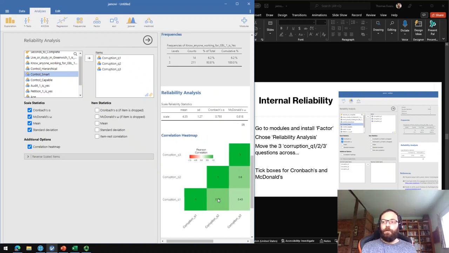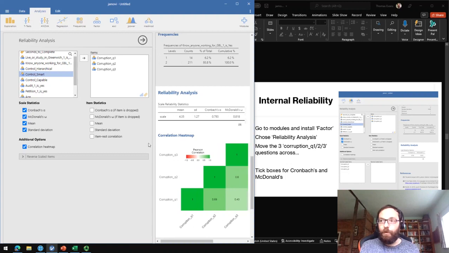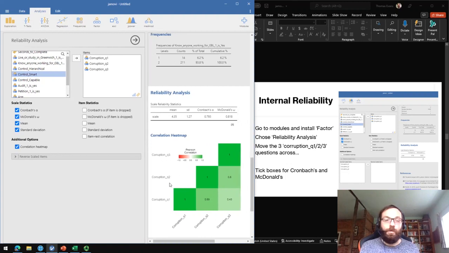Now, this can be useful for a variety of different reasons. One of the core ones is that, for example, you might have forgotten to reverse score some items, in which case, if the correlation is negative, you might suggest that either you haven't reverse scored, or perhaps you've got a number of scales or factors within your questions, and you might need to do some other analyses.